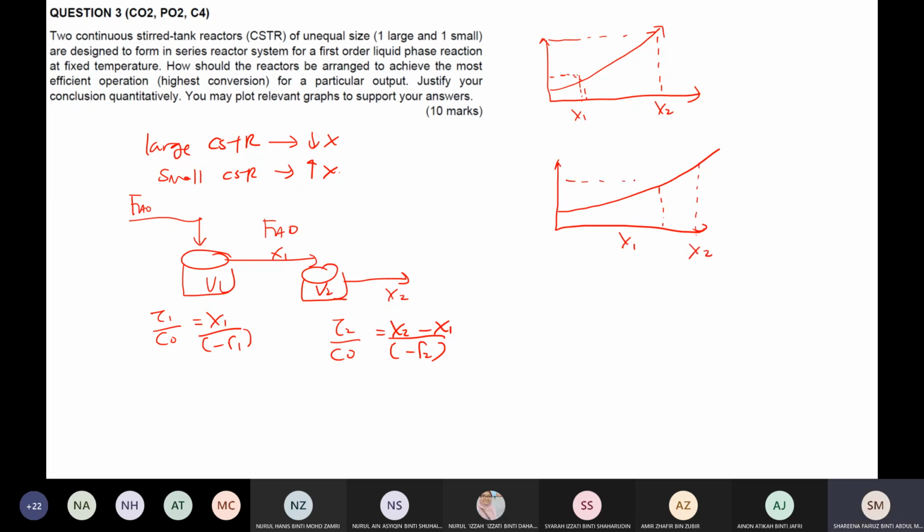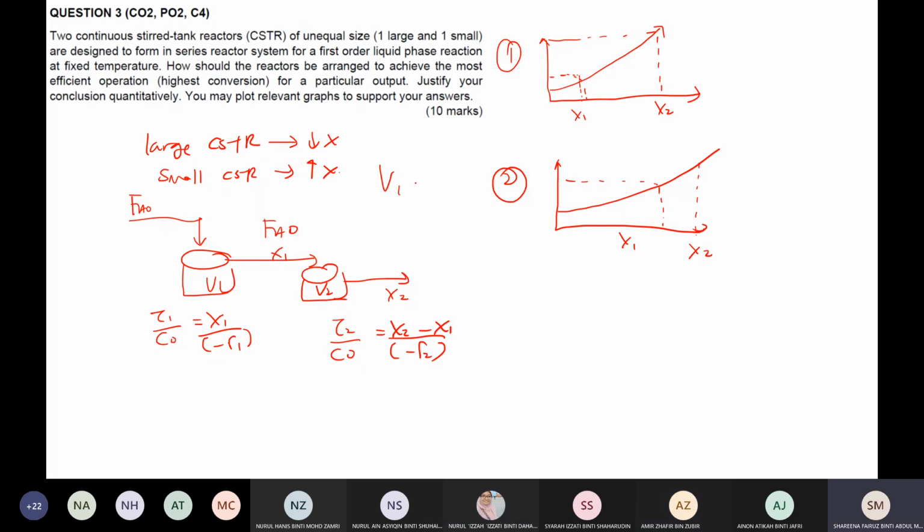Kalau you tengok ni, volume mana lagi tinggi? Volume, kalau untuk first volume, dekat X1 tinggi ke? Untuk number 1 ke number 2? Number 1 kot.